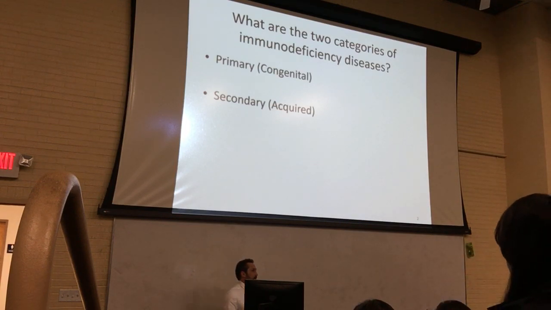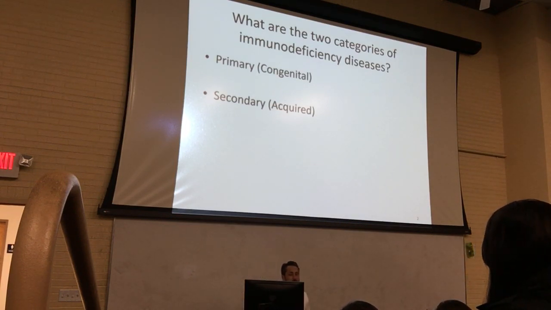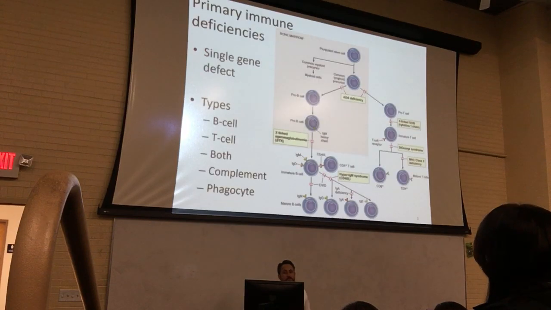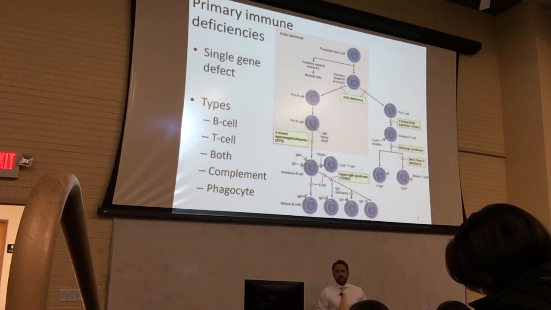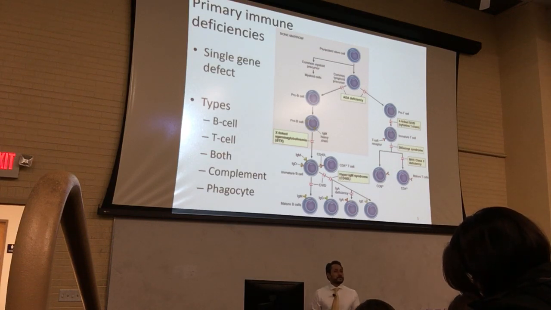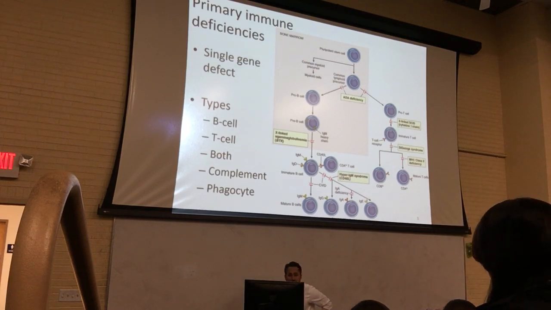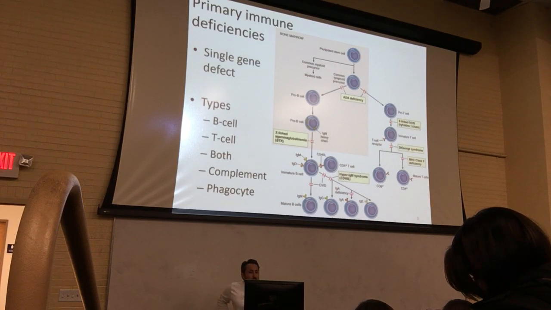So those are the 2 big categories. If we look at primary first, we're coding at the level of the genes, and these are usually inheritable traits. And you see them typically run in families. It's a single gene defect most commonly.